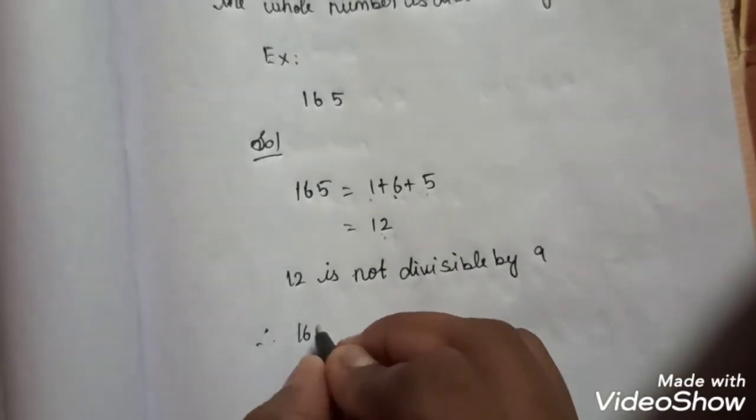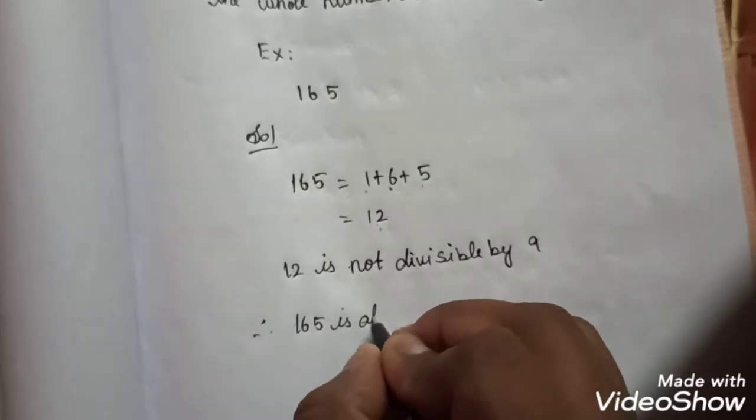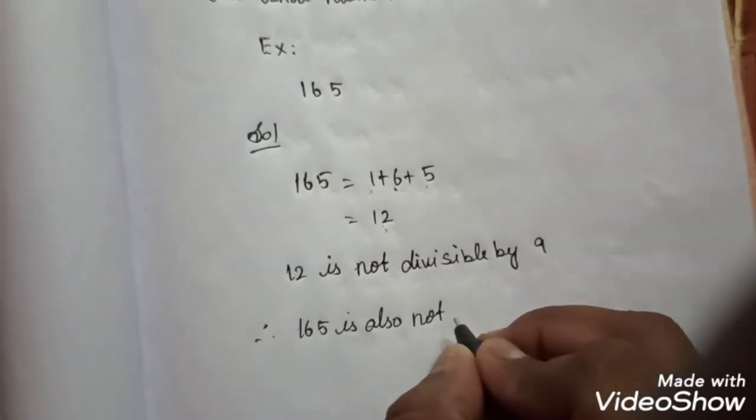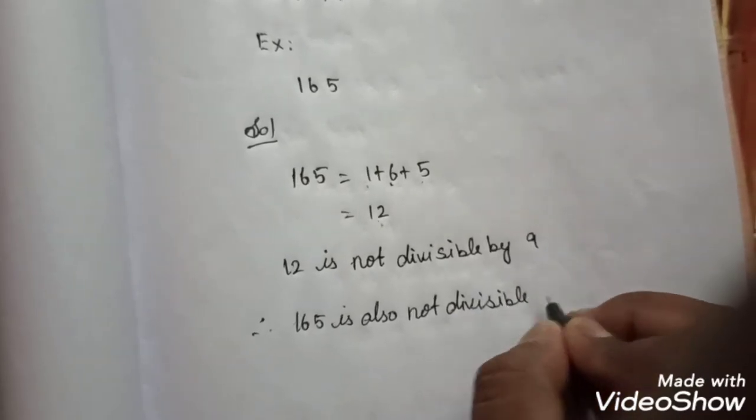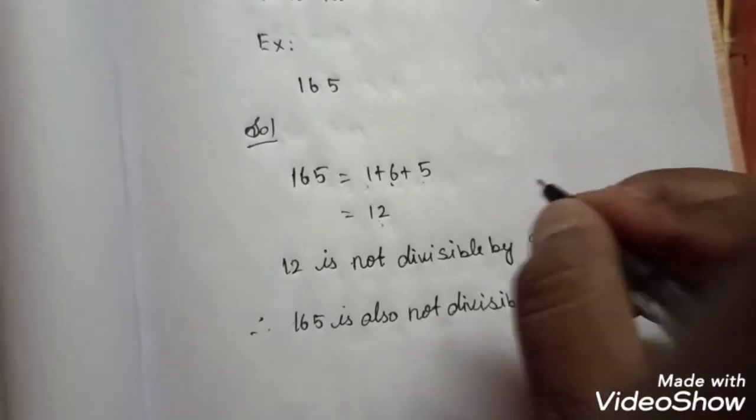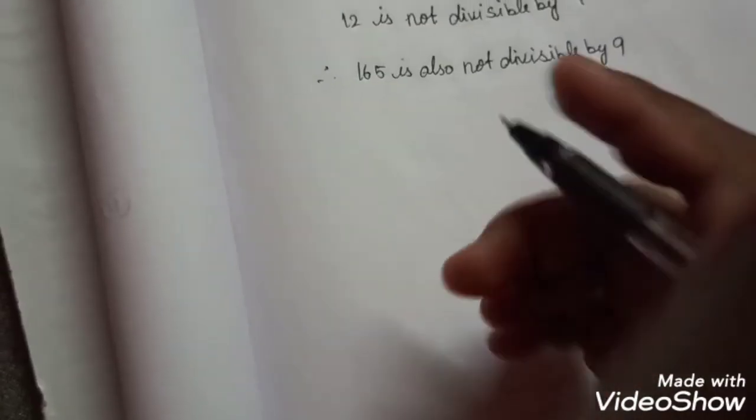Therefore 165 is also not divisible by 9.